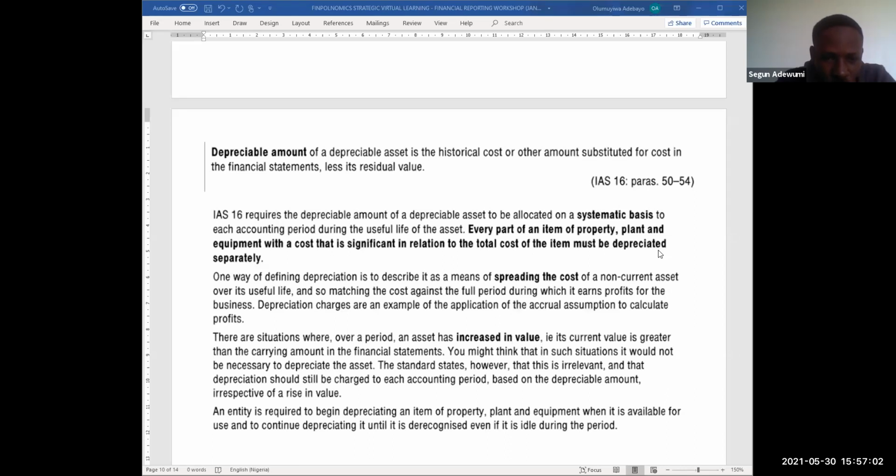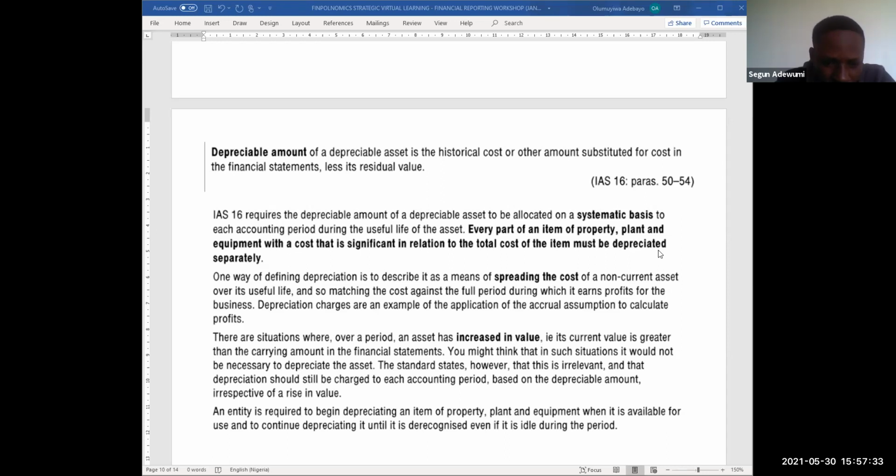There are situations where over a period an asset has increased in value. That is, its current value is greater than the carrying amount in the financial statement. You might think that in such situations, it would not be necessary to depreciate the assets. The standard states, however, that this is irrelevant and that depreciation should still be charged to each accounting period based on the depreciable amount, irrespective of a rise in value.